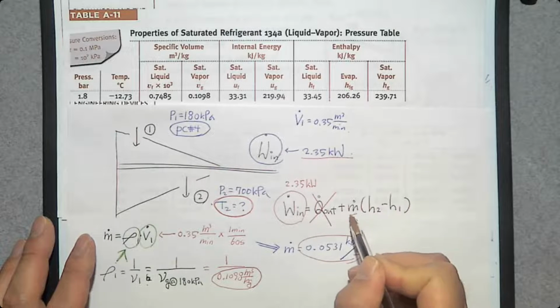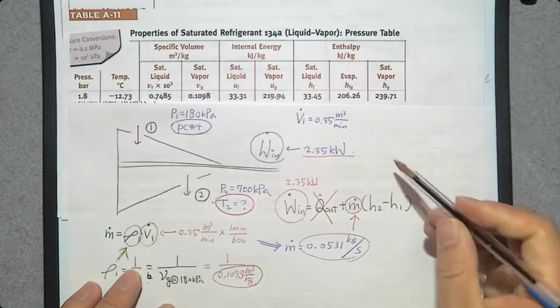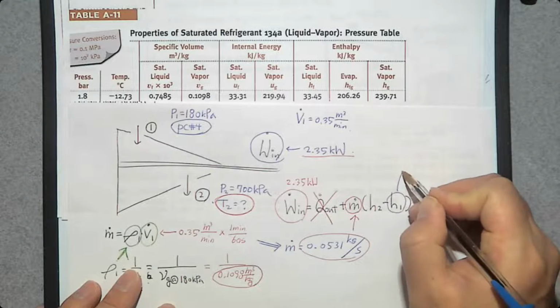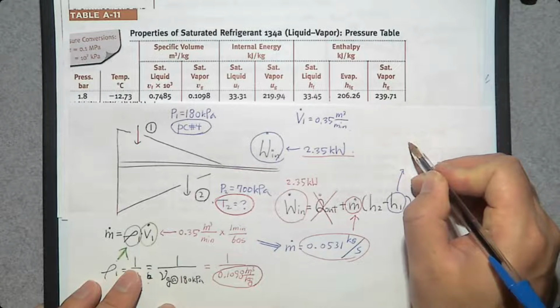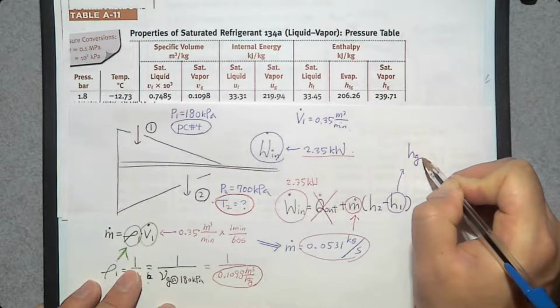Okay, so if we got m dot, this one goes in here. So we got this one. What about H1? Oh, wait. H1 is the specific enthalpy of saturated vapor. It is saturated vapor. So we know how to get this one. The specific enthalpy of saturated vapor is Hg.